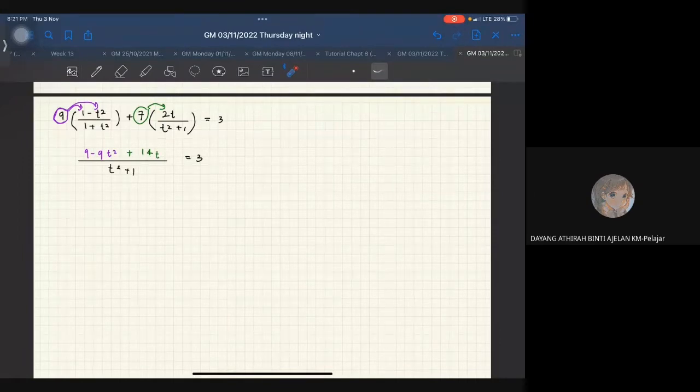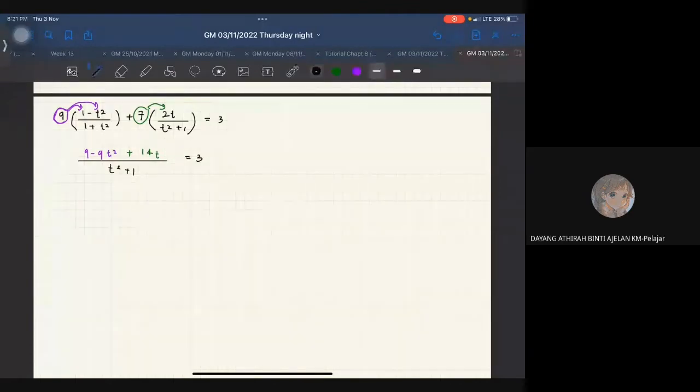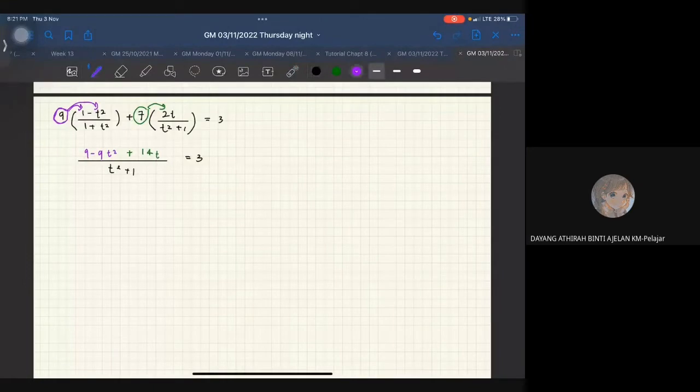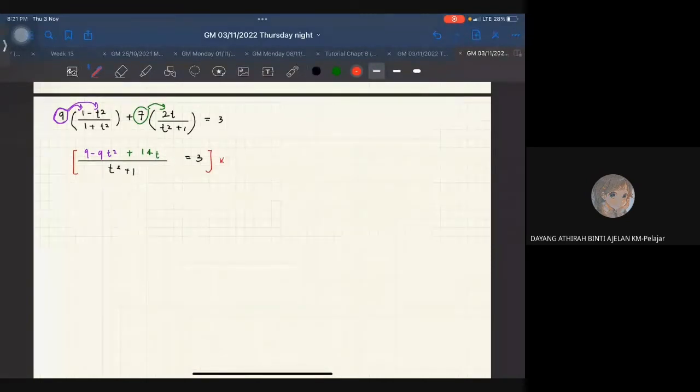Okay, so kita kena hilangkan denominator here. So, kenapa nak hilangkan denominator? Sebab denominator ni macam menyerabutkan kepala kita. So, we are going to eliminate the denominator by multiplying everything with the denominator. So, kita akan darabkan semua dengan t square plus 1. Okay, betul. Okay, so darabkan everything with t square plus 1. So, on the left hand side, this one akan hilang.